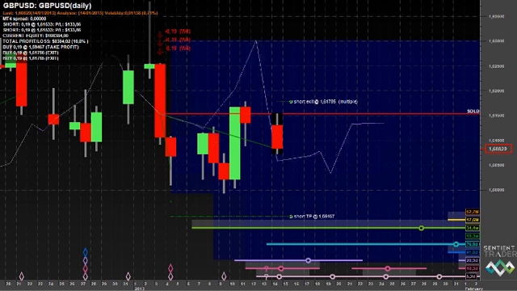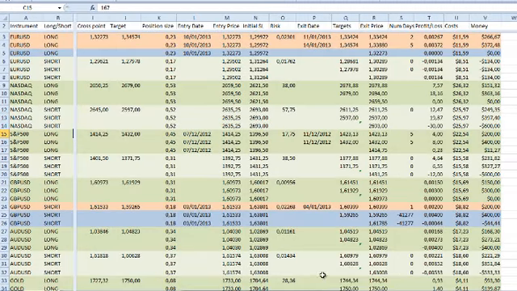Let's take a quick look at our spreadsheet, and I can demonstrate to you on the spreadsheet what's happening. Of course, we use the spreadsheet to track what we're doing in the markets. The background to the rows indicates the status of the trade.